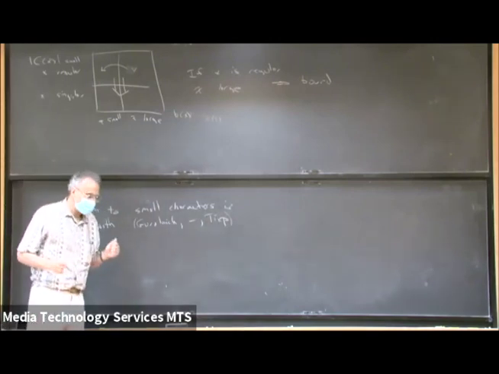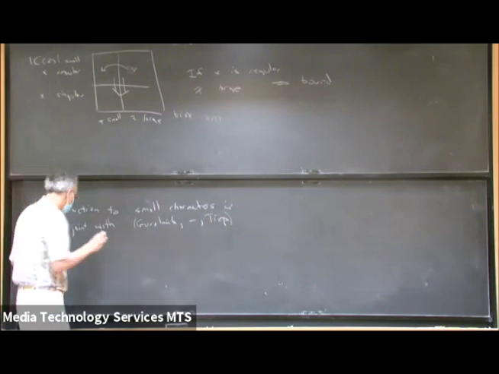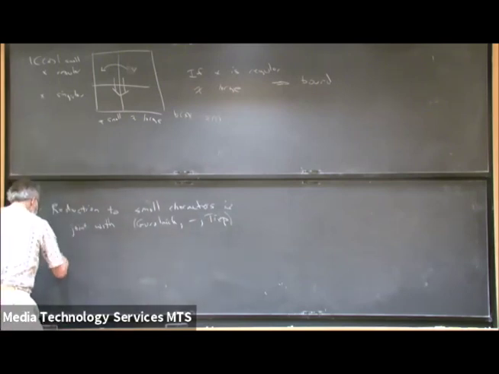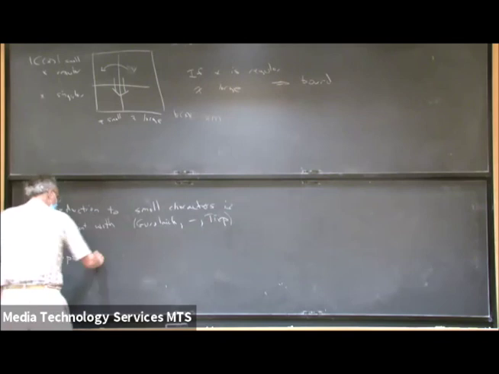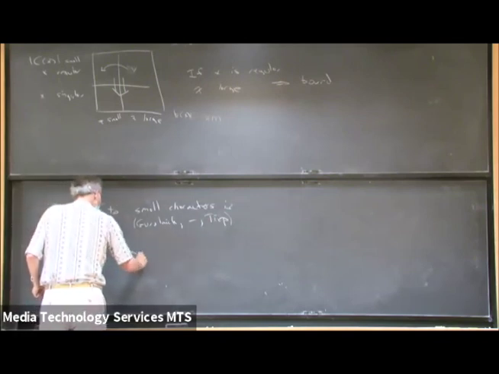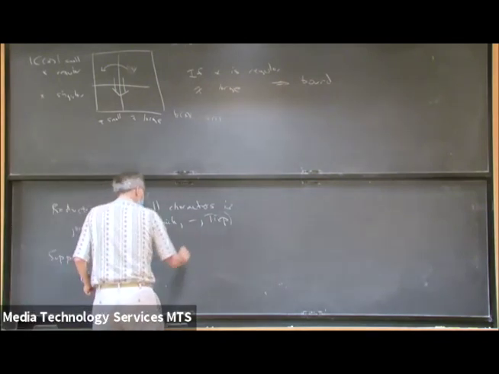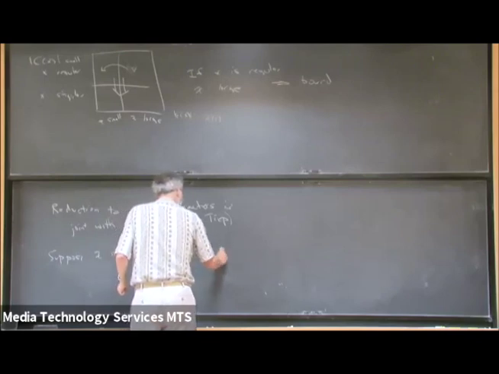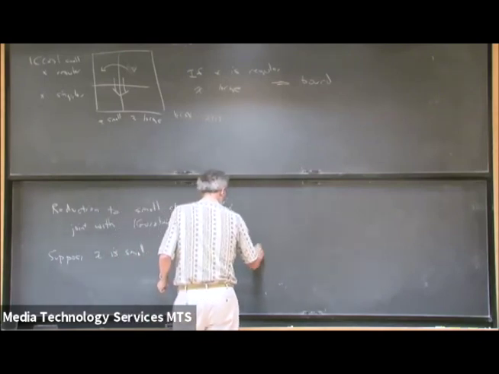The idea behind this reduction is the following. Suppose chi is small, and chi of x is larger than it should be.